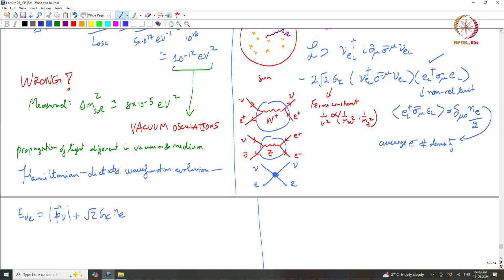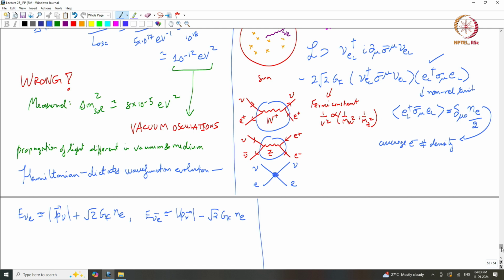When you put it back into the Hamiltonian, you will see that is what this is, and you will find that similarly the energy of an anti-electron neutrino is that minus square root of 2 GF Ne.